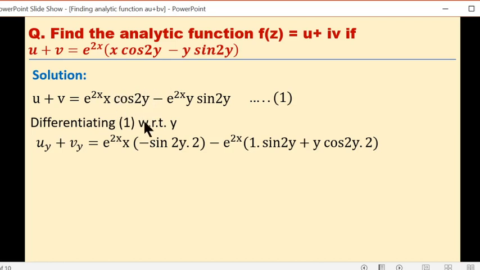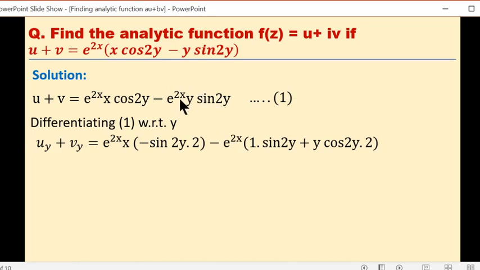Derivative of cos 2y is minus sin 2y into derivative of 2y, which is 2. Okay, minus, when we come here, e raised to 2x does not contain y, so it remains as it is. Now here y into sin 2y, two different functions in y multiplied together, we have to differentiate, so we have to use the product rule or u into v rule.